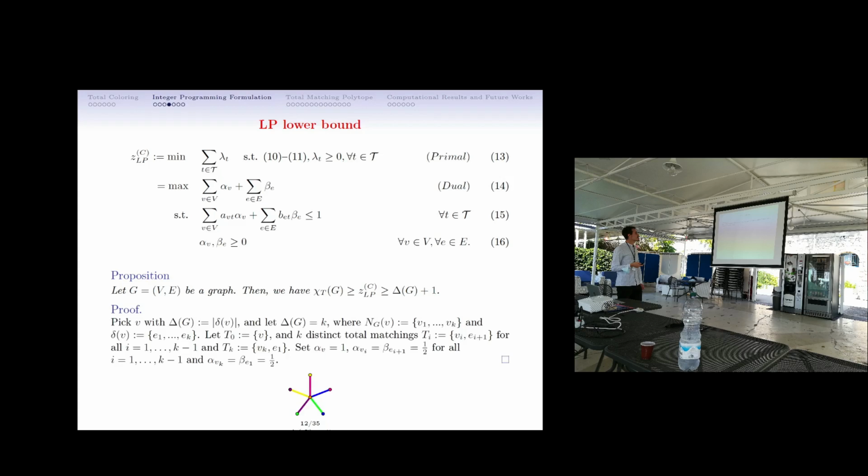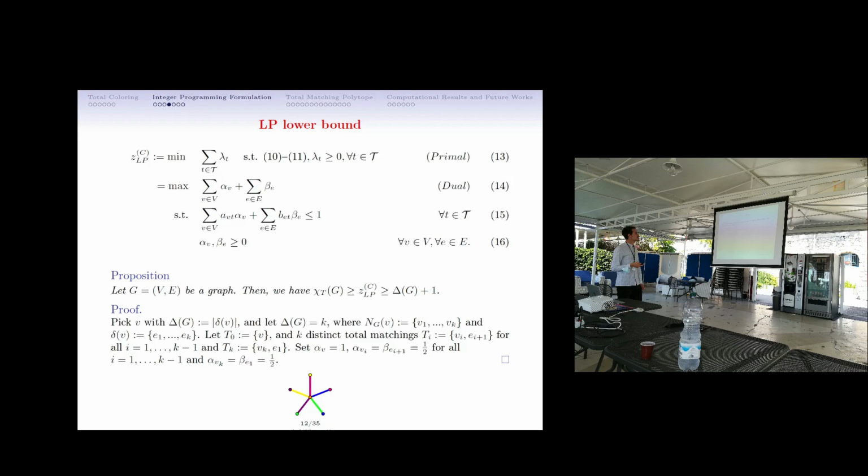Since we pick a vertex v of maximum degree delta, with delta equal to k, the vertices that are incident to v we call v1 to vk, and the edges are a1 to ak. We can set the first total matching T0 composed by the vertex v itself, and we can construct k new different total matchings Ti.